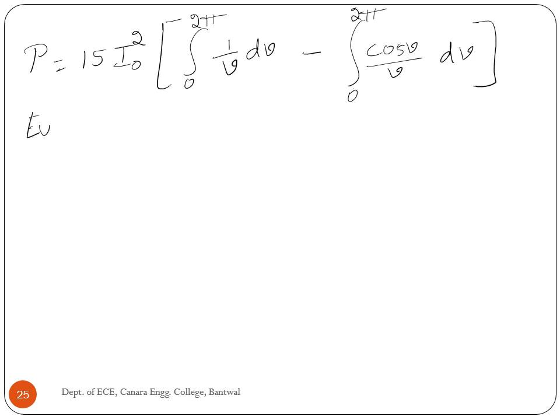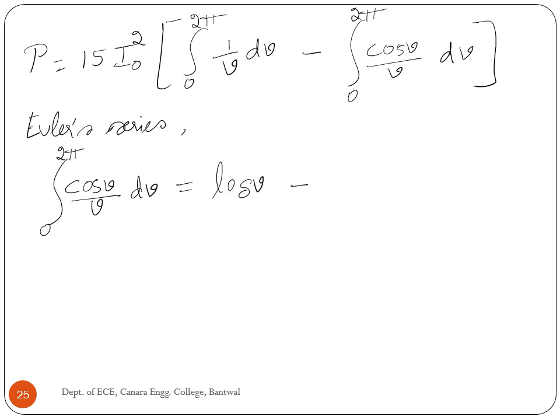Using Euler's theorem, integration of cos v divided by v into dv for a limit 0 to 2 pi is equal to log v minus v square divided by 2.2 factorial plus v to the power 4 by 4.4 factorial minus and so on.